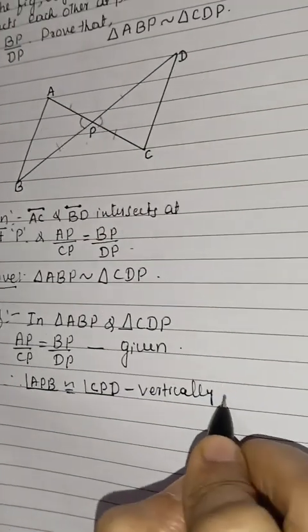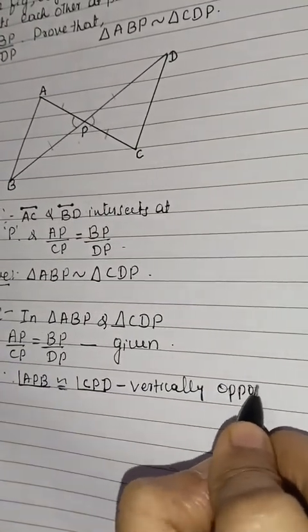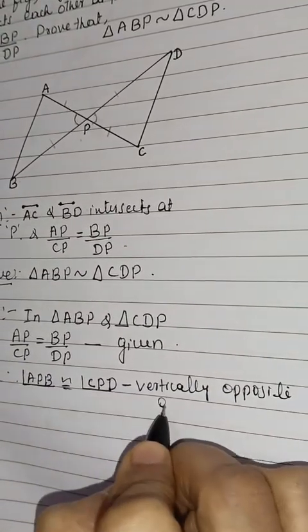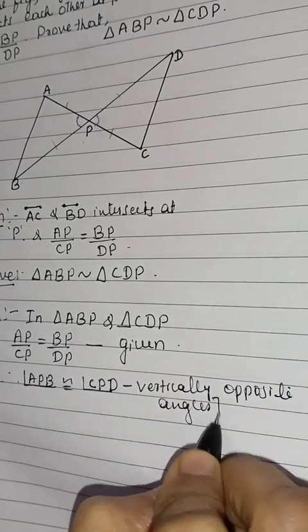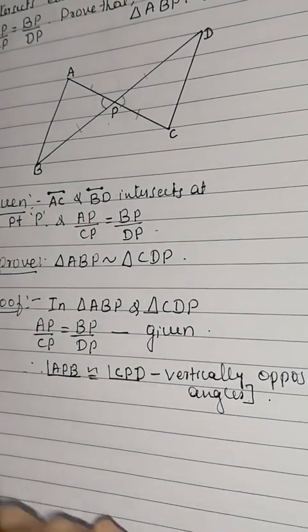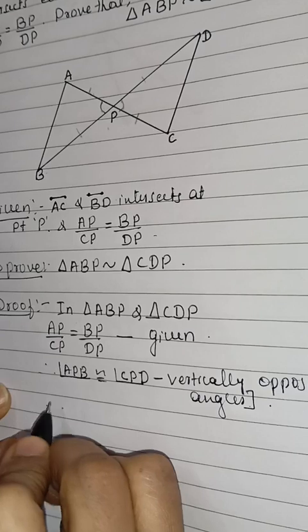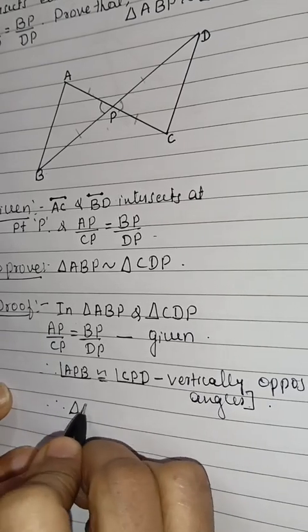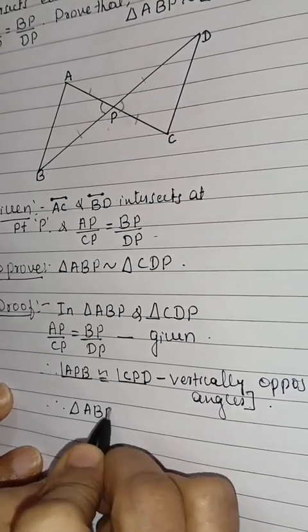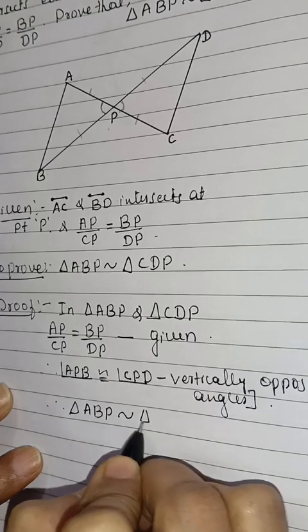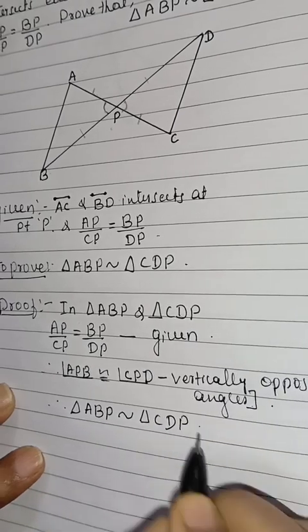Therefore triangle ABP is similar to triangle CDP.